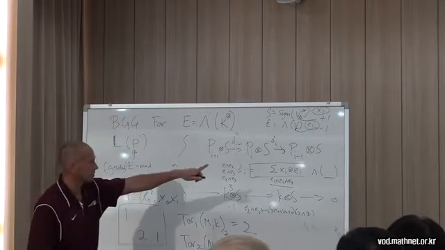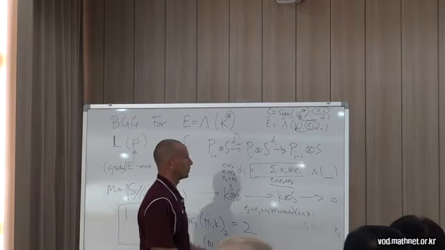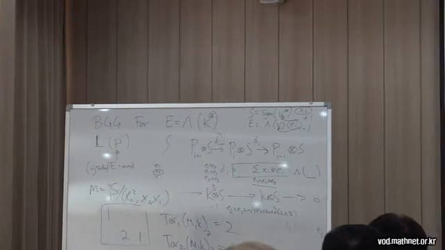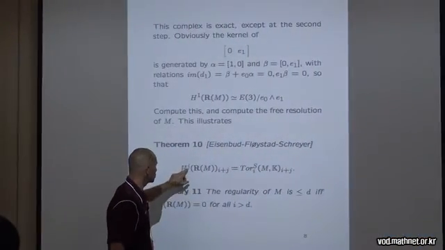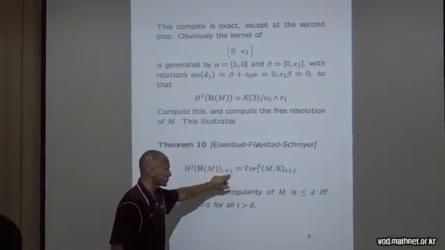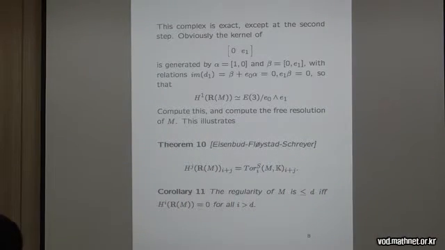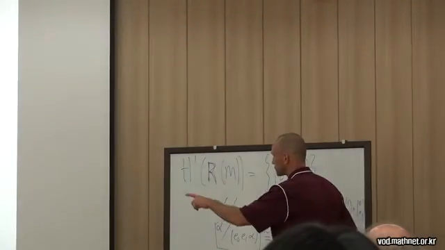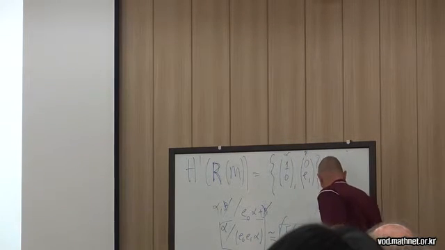So according to this theorem, my Tor 1 in degree 1 plus 1 should be H1 in degree 1 plus 1. So what is H1 in degree 1 plus 1? So I want to compute this in degree 2. So what's the degree 2 piece of this?